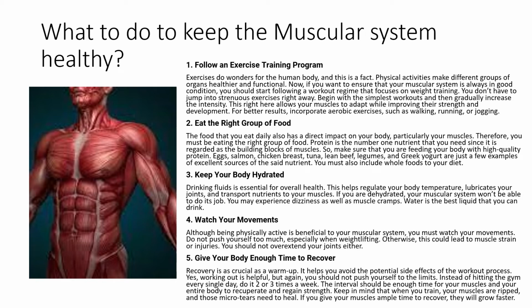So make sure that you are feeding your body with high quality protein. Eggs, salmon, chicken, beef, tuna, legumes, and Greek yogurt are just a few examples of excellent sources of said nutrient. You must also include whole foods in your diet.